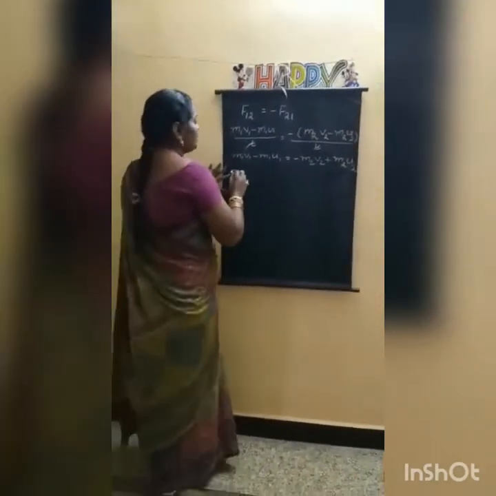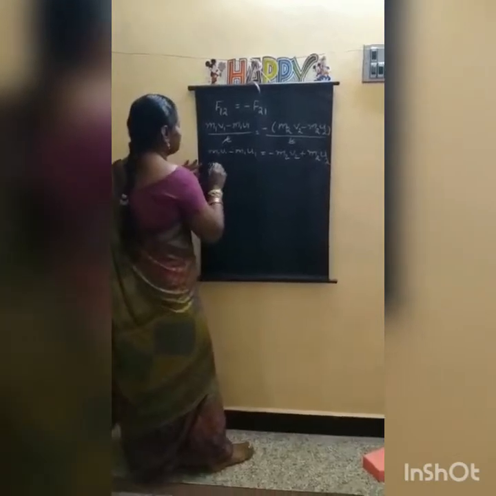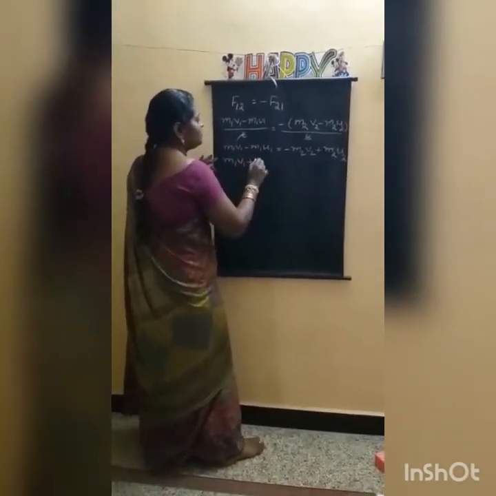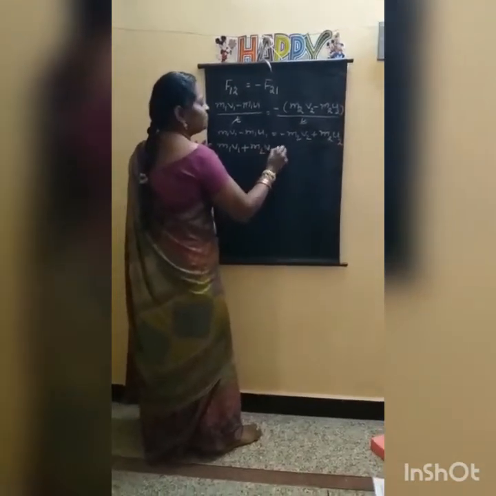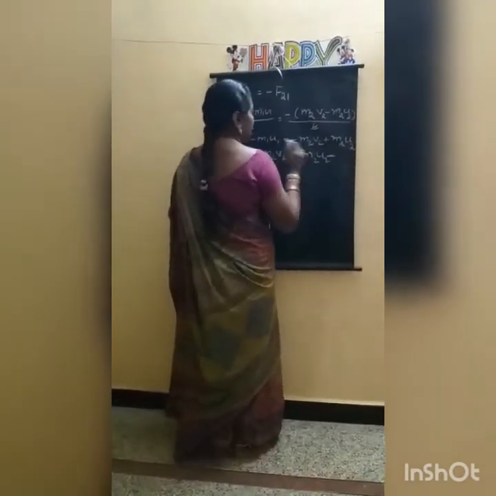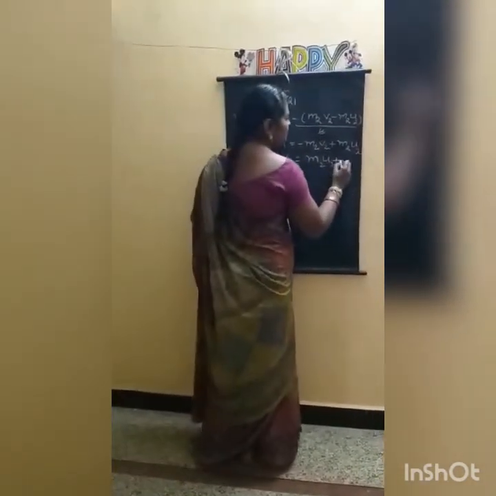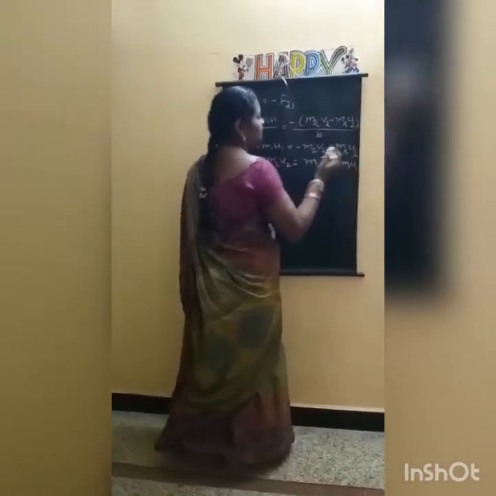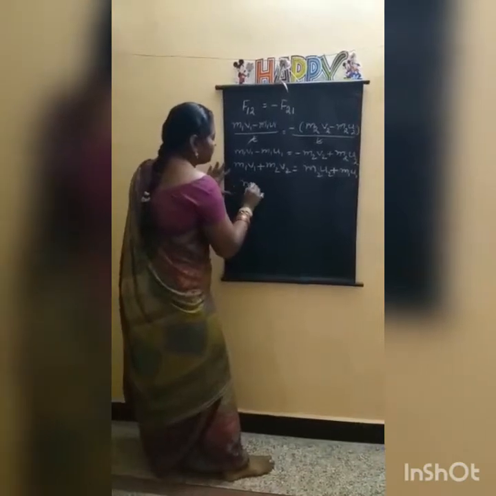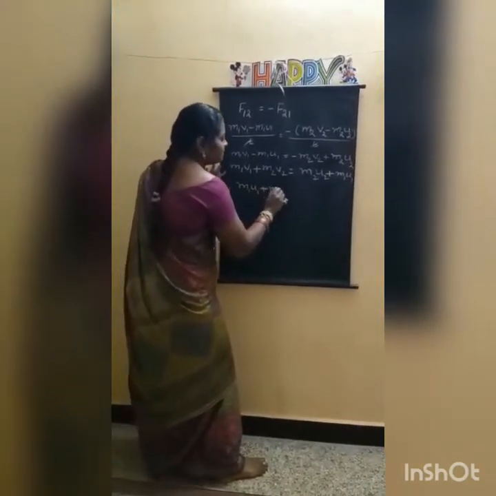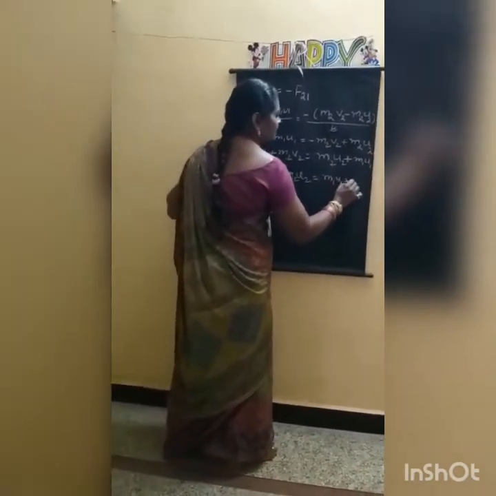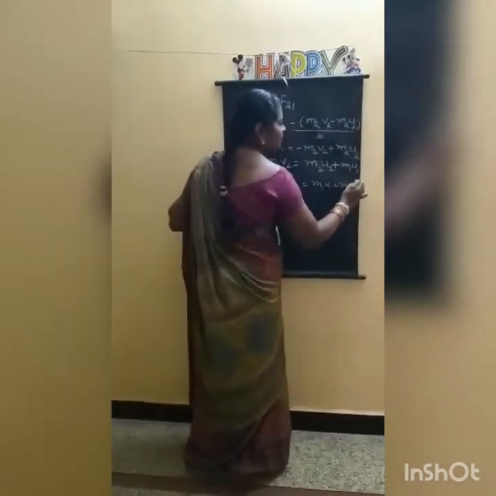Now we bring the v1 terms to one side. m1 v1, the minus m2 v2 comes to this side, plus m2 v2. m2 u2 minus m1 u1 becomes plus m1 u1. Therefore, we write m1 u1 plus m2 u2 is equal to m1 v1 plus m2 v2.